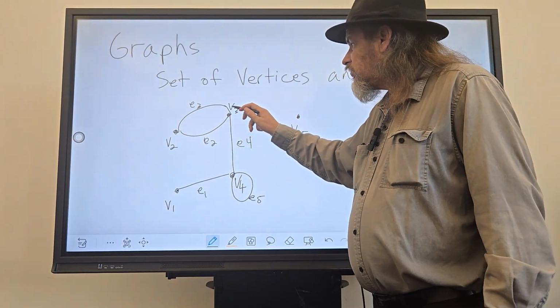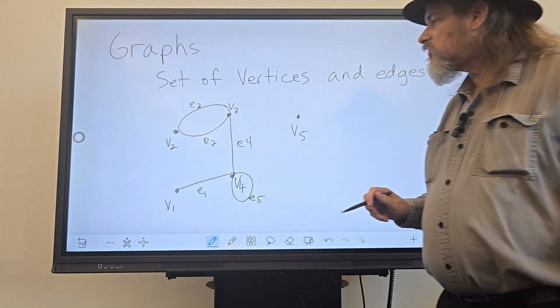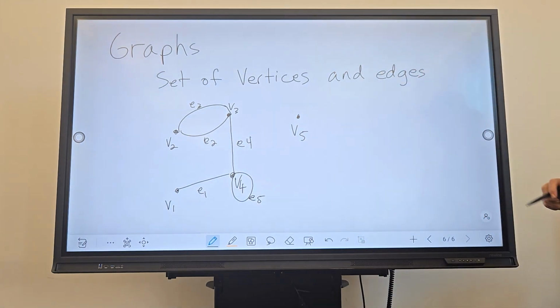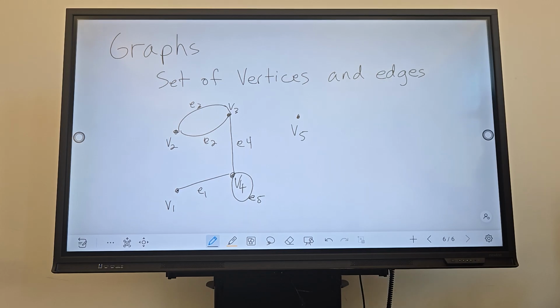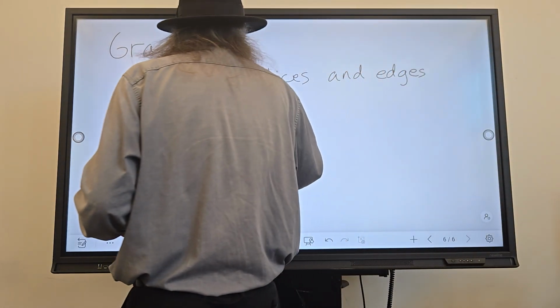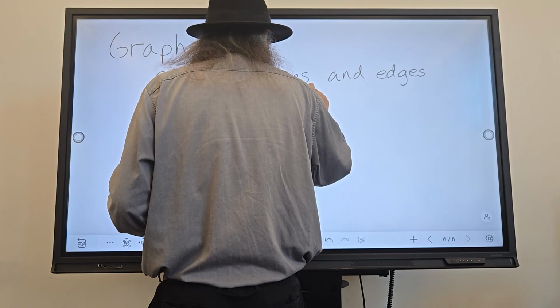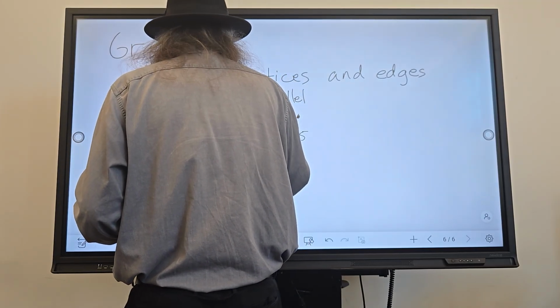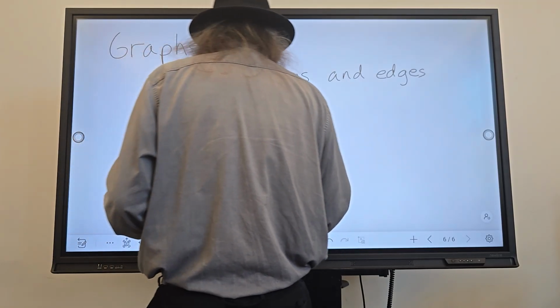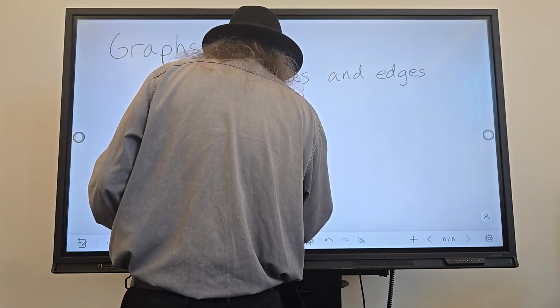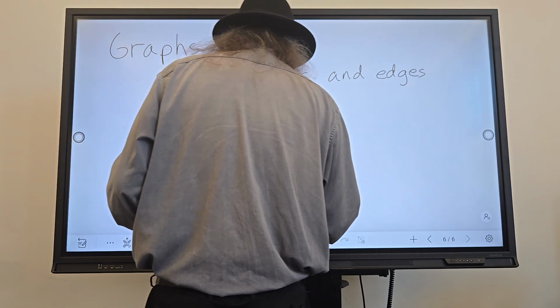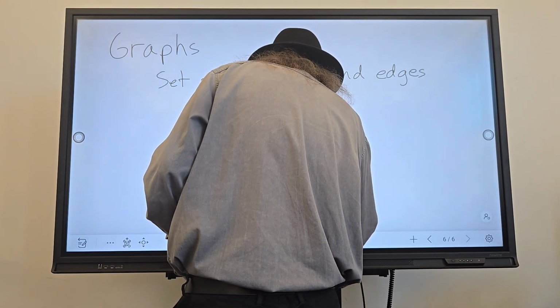When you have 2 edges connecting the same 2 vertices, they are said to be parallel, though whether they're curved or straight, how they're drawn is irrelevant. Because they connect the same 2 points, they are considered parallel. So when a vertex is connected to itself, the edge is called a loop.